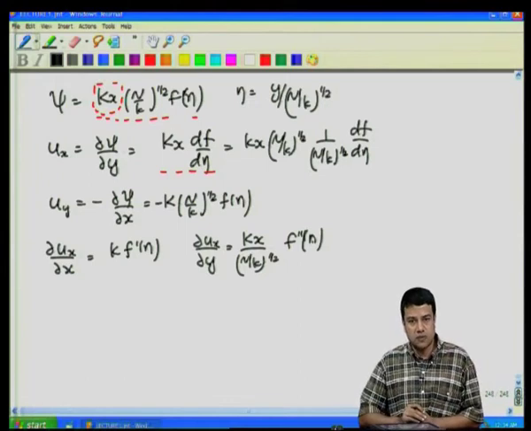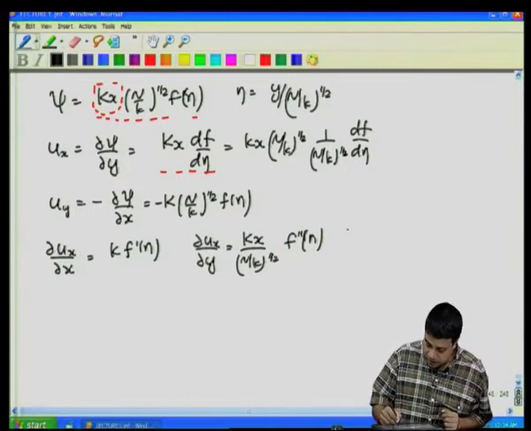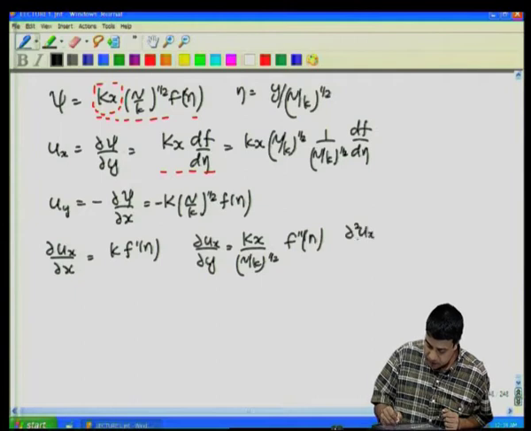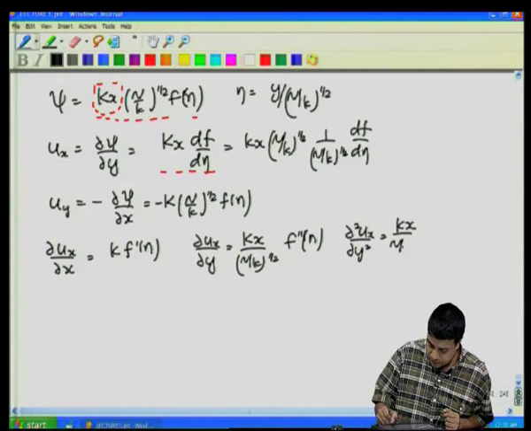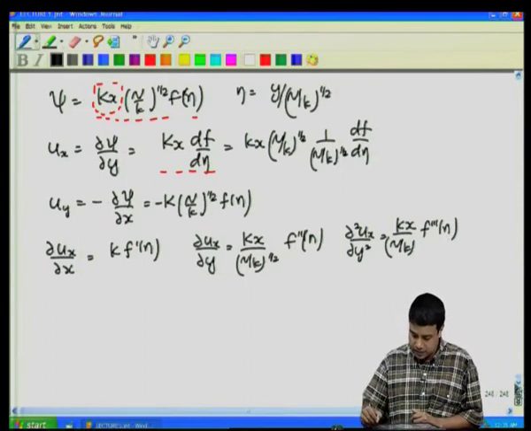I differentiate once with respect to y, so I get 1 by nu by k power half times the derivative of df by d eta. So, I get f double prime, and for the second derivative, differentiate once again.